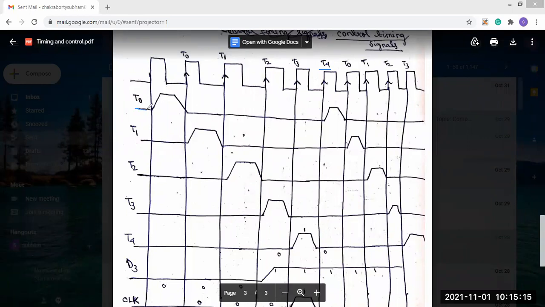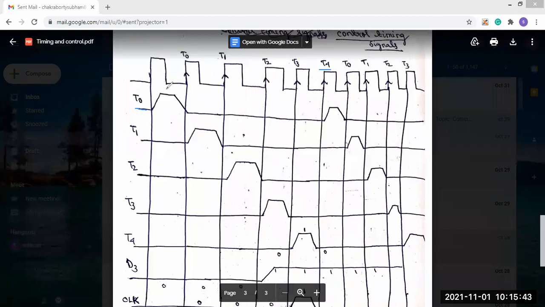So let's say the first timing signal came at T0 time. This is the timing signal, and this is the clock pulse. That means T0 time, T1 time, T2 time, T3 time, then again T0 time, T1 time, T2 time, T3 time. These are the timing signals T0, T1, T2, T3.